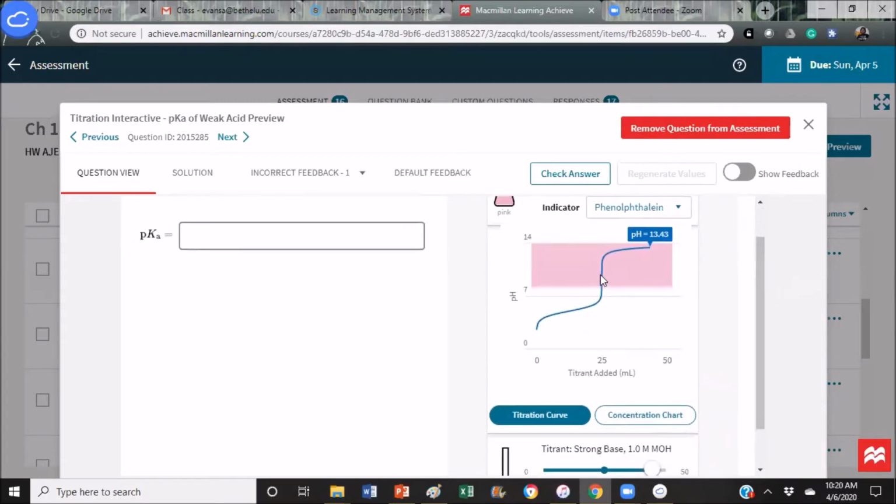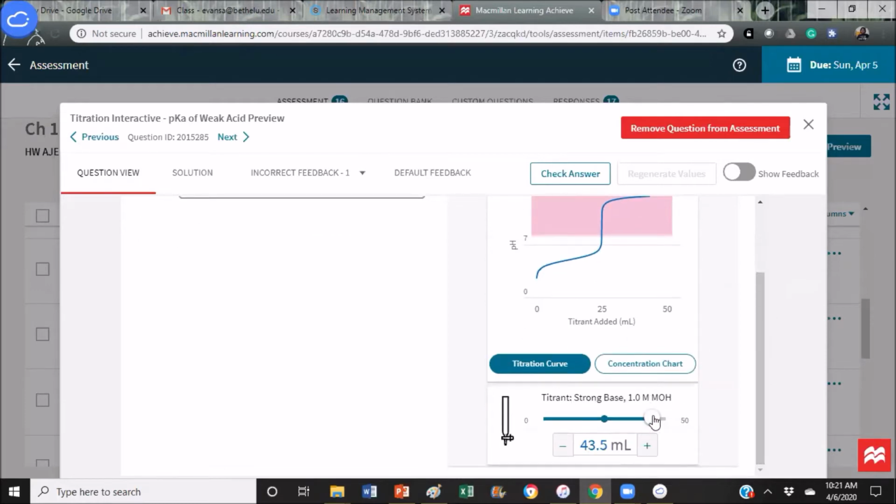So if this is 25, half of that is going to be 12 and a half, which is kind of hard to read with this graph, but I'm going to go all the way back to 12 and a half and just read the number.